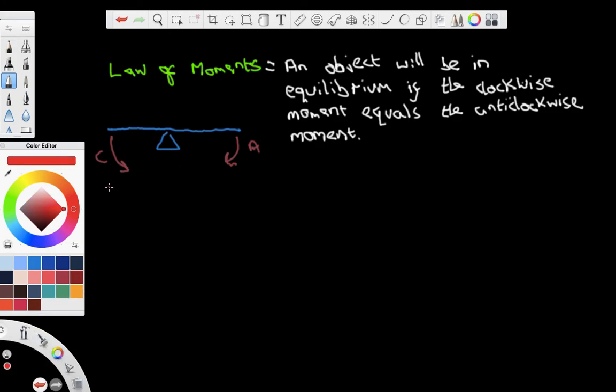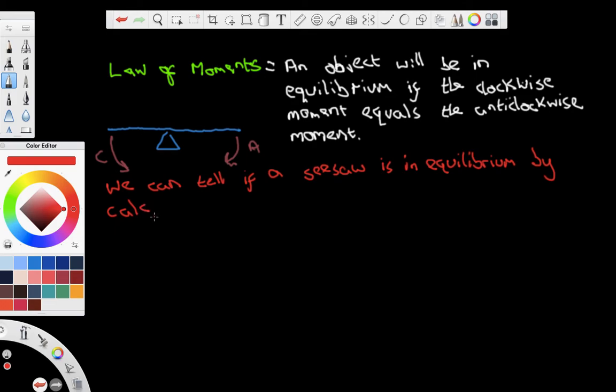So we can tell if a seesaw is in equilibrium by calculating the moments.